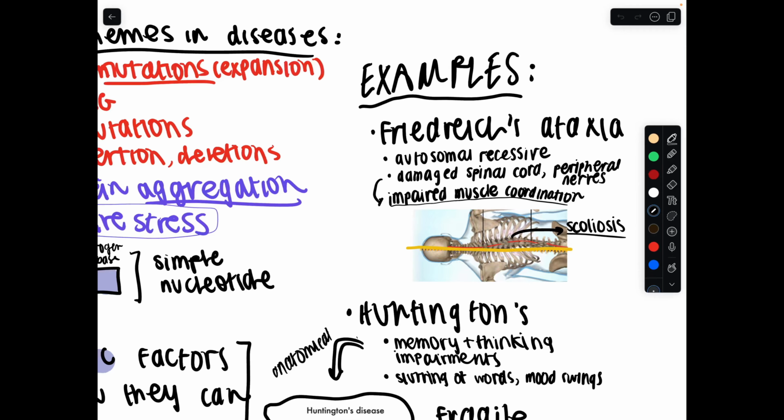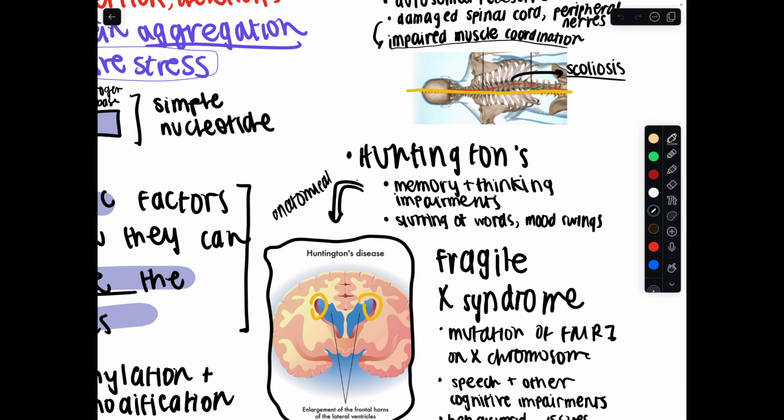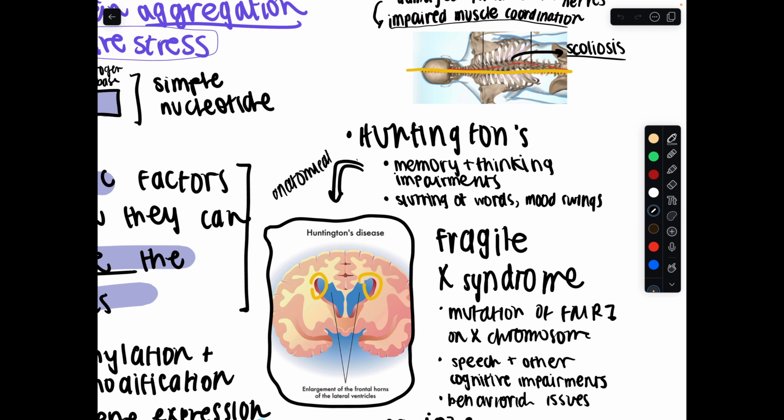Moving on, I've touched on this one earlier, and it's also quite a famous one, but Huntington's disease is one of the bigger neurodegenerative diseases with a huge genetic factor. So we know that there are lots of symptoms associated with Huntington's. Those consist of movement issues, emotional turbulence, slurring of words, and then as the disease progresses and becomes more severe, we can also see lots of memory issues.